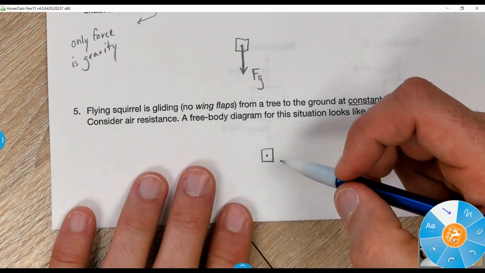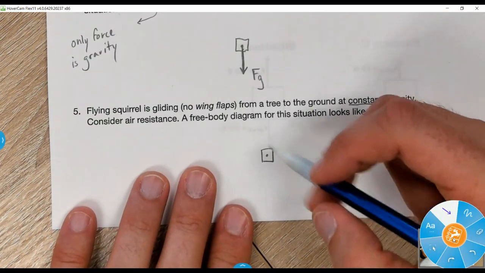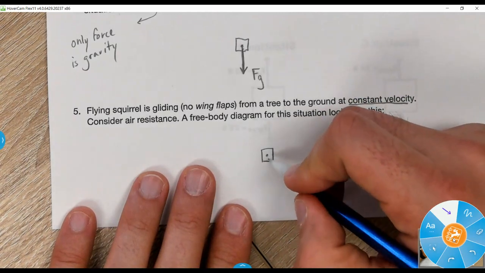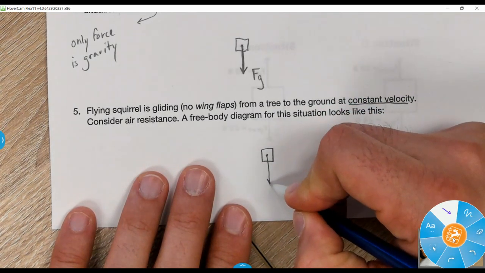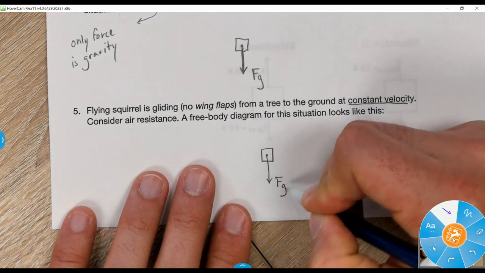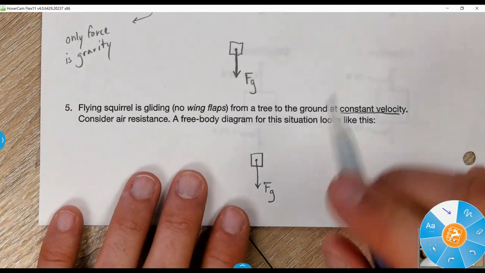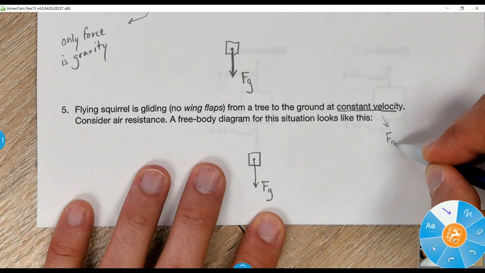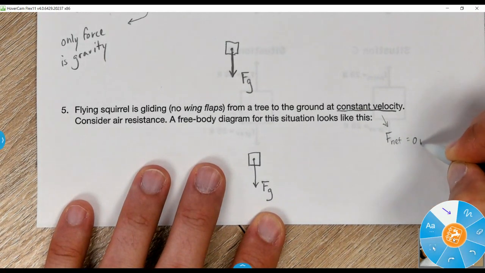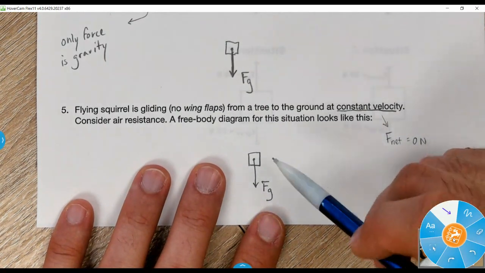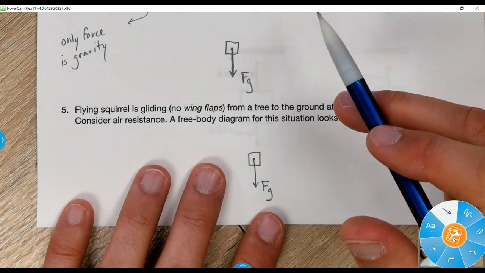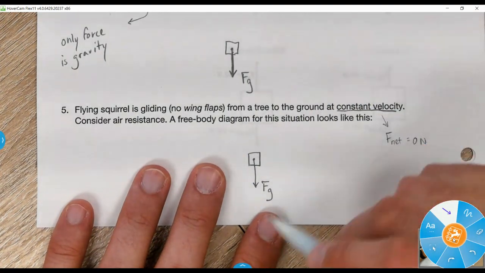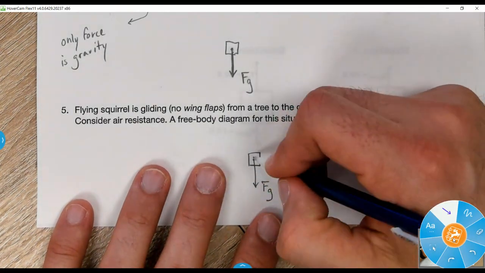What force are you always going to draw, guys? Fg, in what direction? Straight down. If it's constant velocity, F net has to be equal to 0, so we need a force that goes up and is the same size.